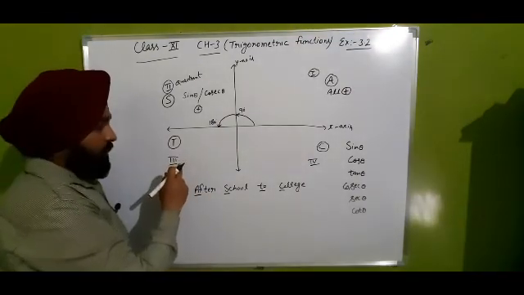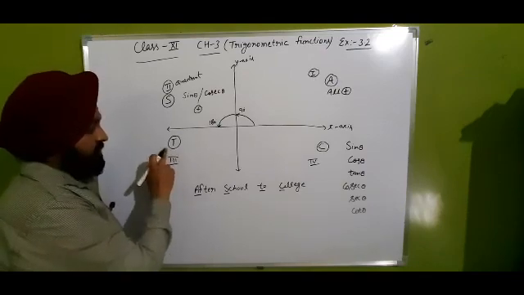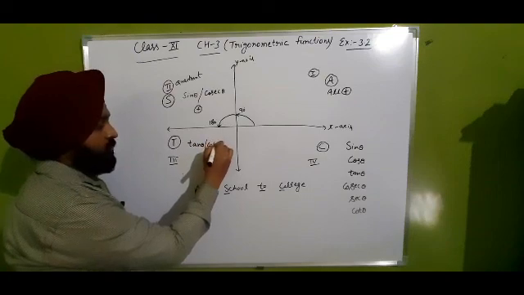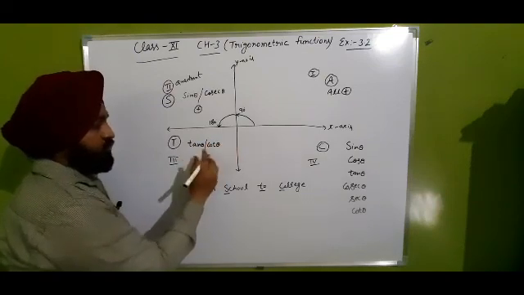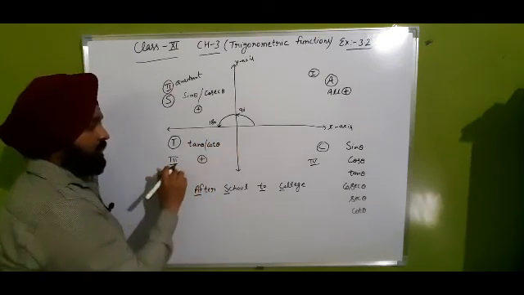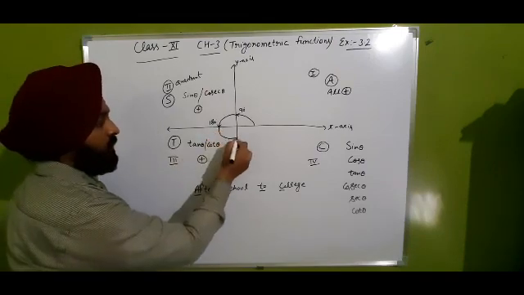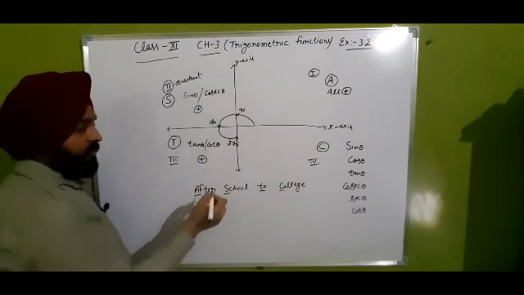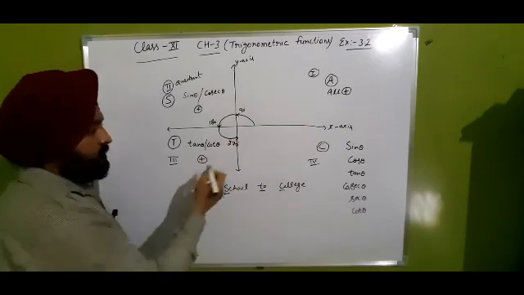Now for the third quadrant, T stands for tan theta, and its reciprocal is cot theta. Only these two ratios will be positive in the third quadrant, when theta lies from 180 degrees to 270 degrees. Others will be negative.